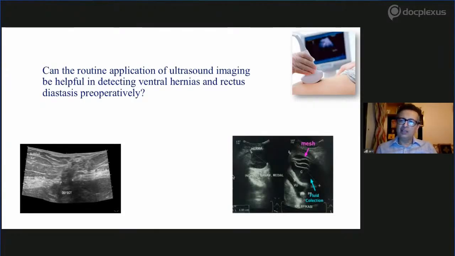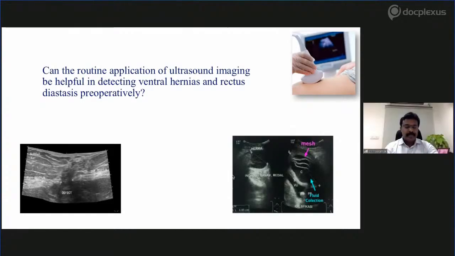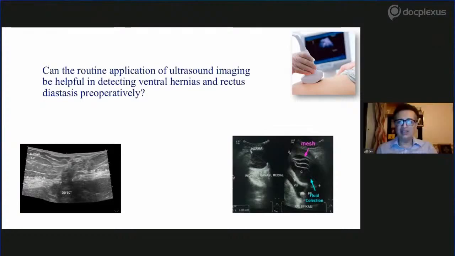I am still not convinced about doing CT scans for all hernias for the entire range of patients that come to you with a hernia. But I can see the value of doing an ultrasound on table to see if this patient has a significant rectus diastasis or not.